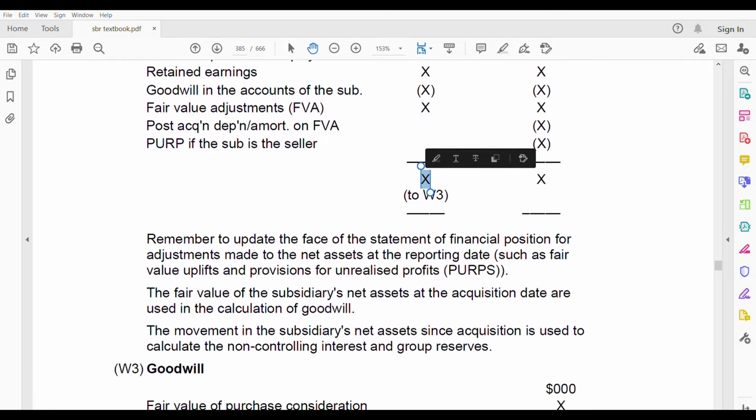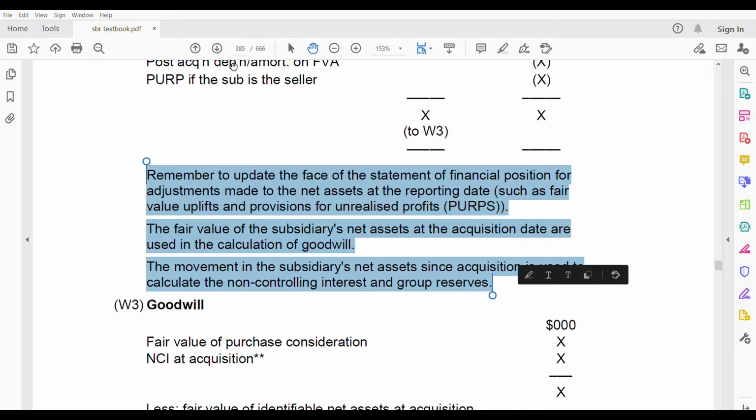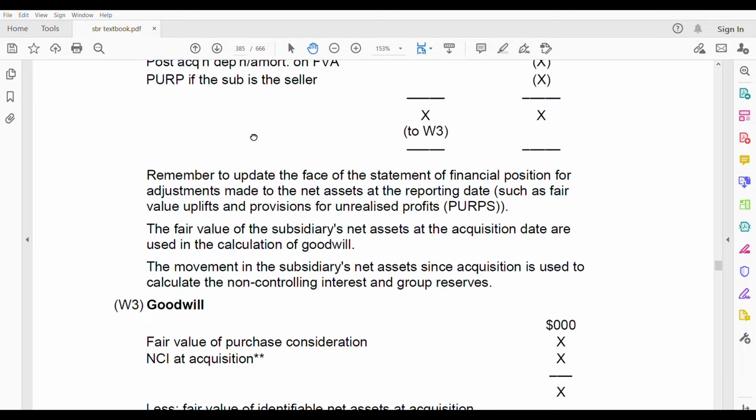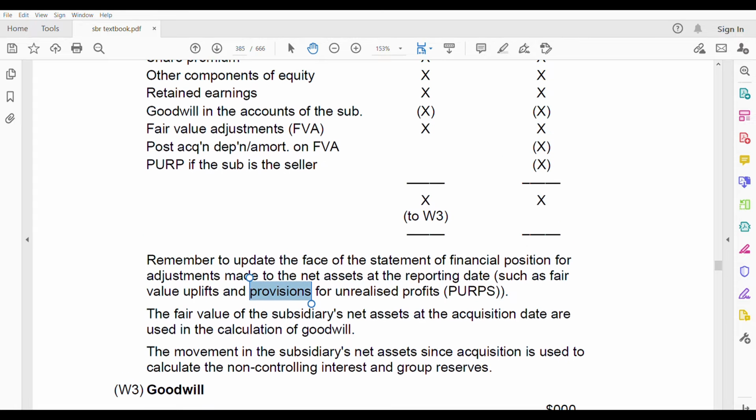Now, they are giving some points. These are the points describing what's happening here. So if there are any fair value uplift or provision for, sorry, P is not post, it is provision for unrealized profit, you need to put it here, adjust it like this.